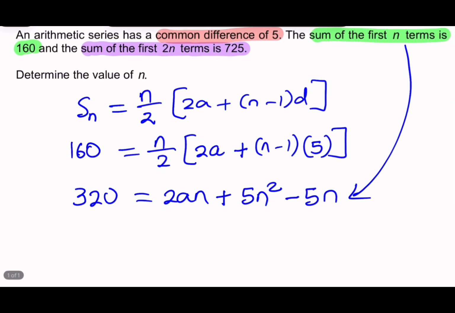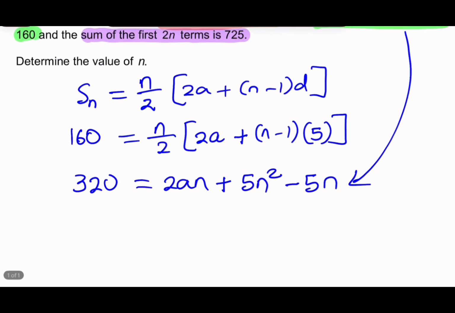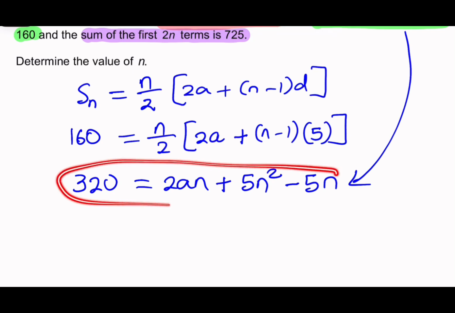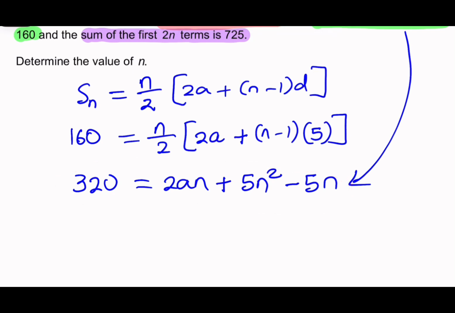Now the purple gives me more information as well. I wouldn't necessarily find n with this alone. I would if I knew the first term, but I don't, so a makes it hard. I could only do it in terms of a.